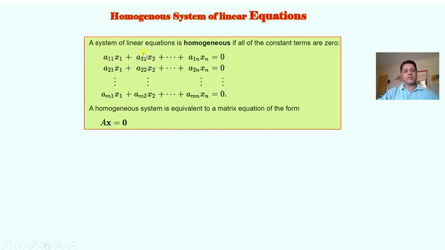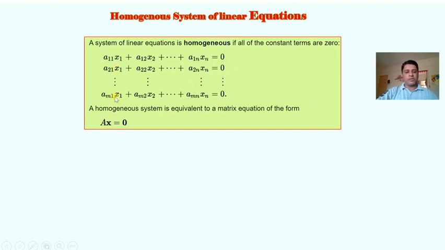So in this first equation, there are n variables and n equations we are writing: a11 x1 plus a12 x2 plus so on up to a1n xn, and the right hand side is 0. So this equation is a homogeneous equation. a21 x1 plus a22 x2 plus so on up to a2n xn is again 0.